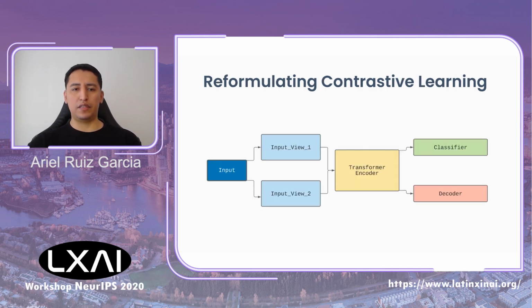And as you can see in this diagram, we have a transformer encoder, but this can be applied to or adapted to any other architecture, such as convolutional neural networks. And just like normal self-supervised models, we also have two different views of the same input.